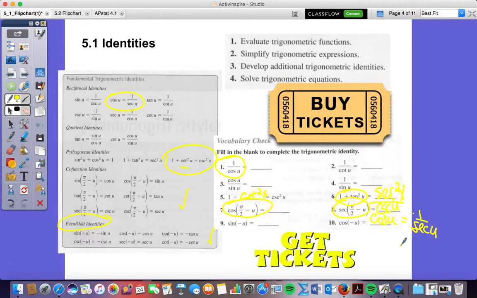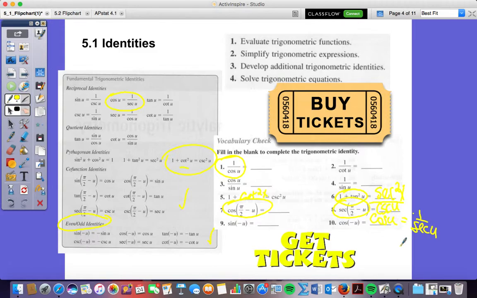What would I automatically go to, Jackson? Pythagorean identity. Good. If I looked at something squared, I'm always going to look towards the Pythagorean identities. That's where my mind should go to. Not all the time, but a lot of times. I'm just going to see if I'm able to simplify using my Pythagorean identities.